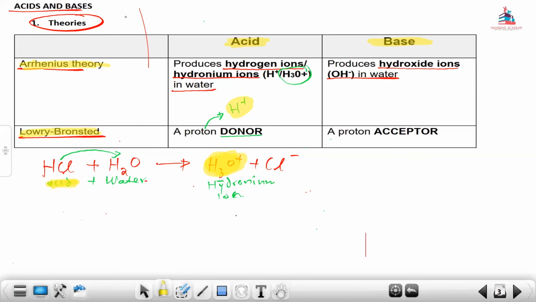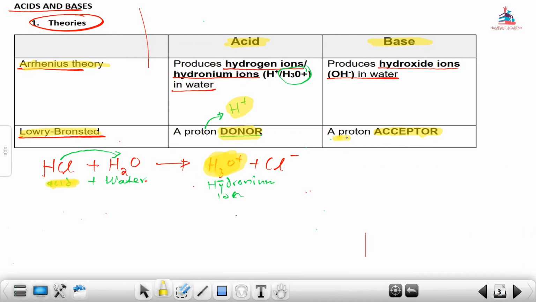With Lowry-Bronsted, the focus now is the proton. What happens basically to a proton? If the substance is donating a proton, that substance must be an acid. If the substance is accepting a proton, those are the keywords, then we are focusing on Lowry-Bronsted. So sir, what you're saying is that they will always specify which theory to use to explain acids and bases. 100%.